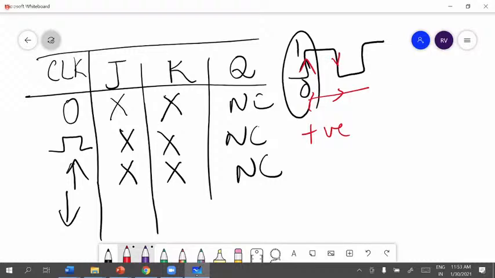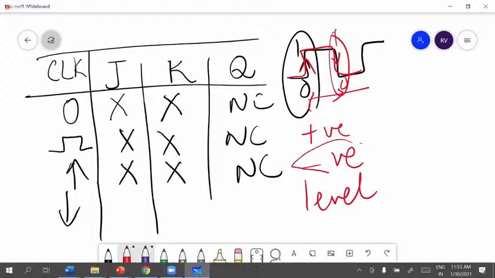If it is triggering during this negative going edge, we can call that negative edge triggering. Suppose it is taking the complete pulse, then we can call that level triggering. This level triggering is used in master slave JK flip-flop, and in most cases in JK flip-flops we use this.